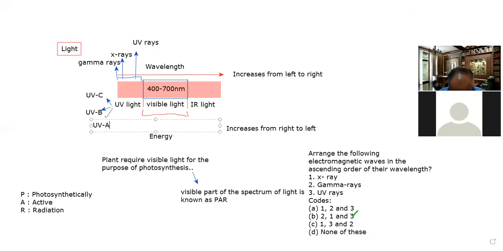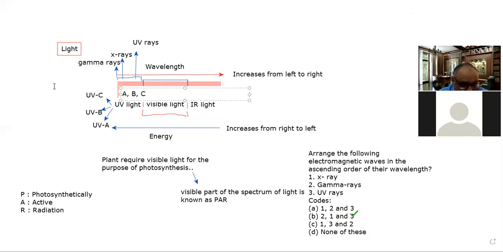As far as the wavelength is concerned, the order is A, B, and C. Sorry, C, B, and A will be there. Here will be C, here will be B, and here will be A.